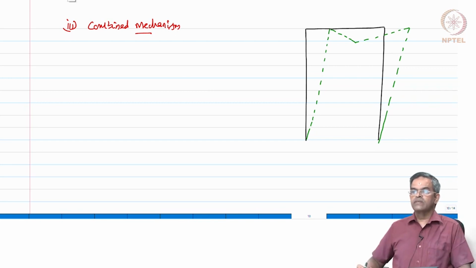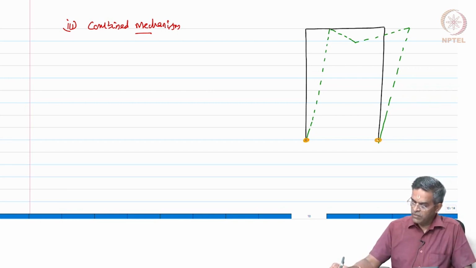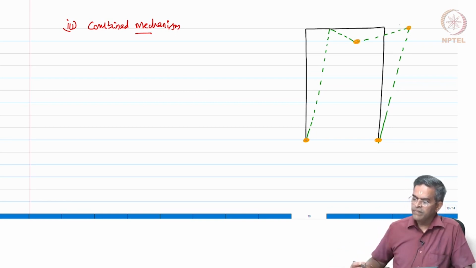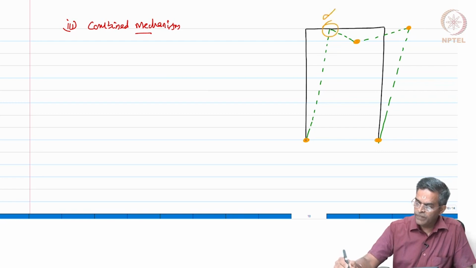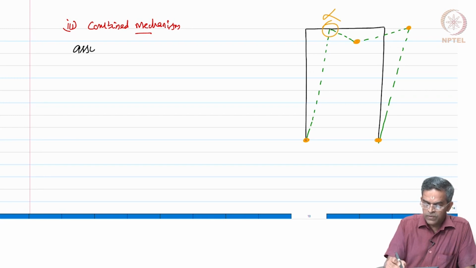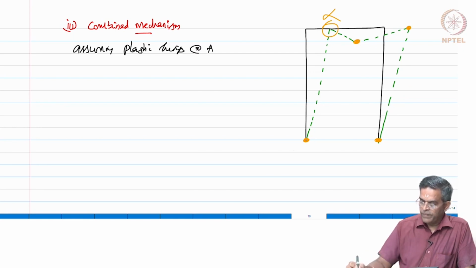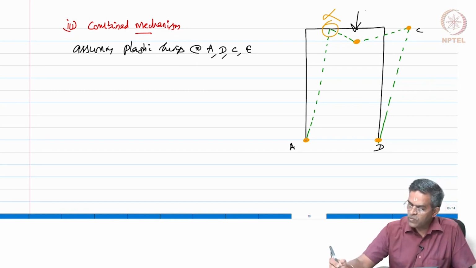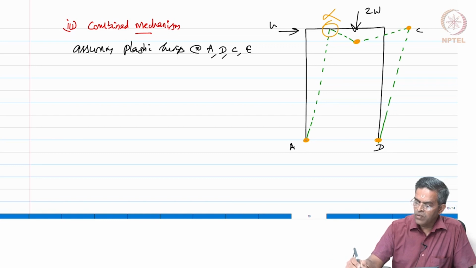Let us assume the hinges, of course, at A and D for sure. Let us assume the hinge here and here. We will not assume hinge here. So, we are assuming hinges at A, D, C and E. So, there is a point load of 2W here, there is a lateral load of W here.